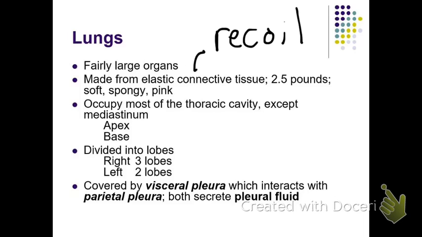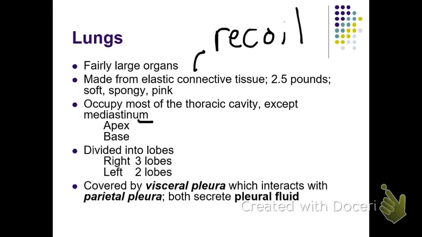And they're able to occupy most of the thoracic cavity, except for a small area in the mediastinum. And the lungs have two areas, the apex and the base.